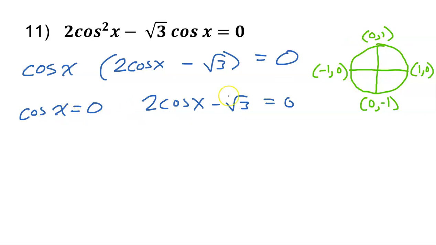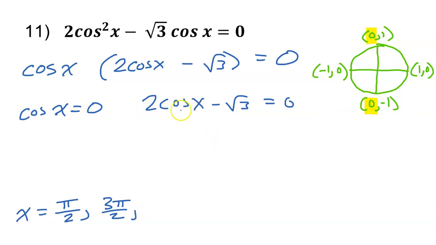So where will the x value equal 0? So let's see. I see the x value is 0 here and here. So that will give me 2 solutions. So I'm going to have x equals pi over 2 and 3 pi over 2. All right, I have 2 solutions so far.